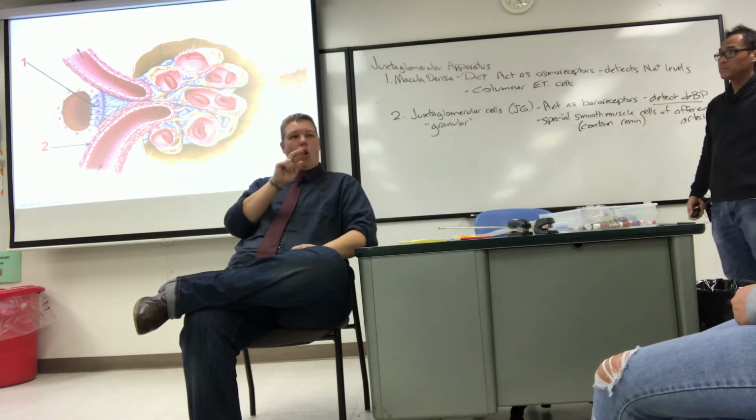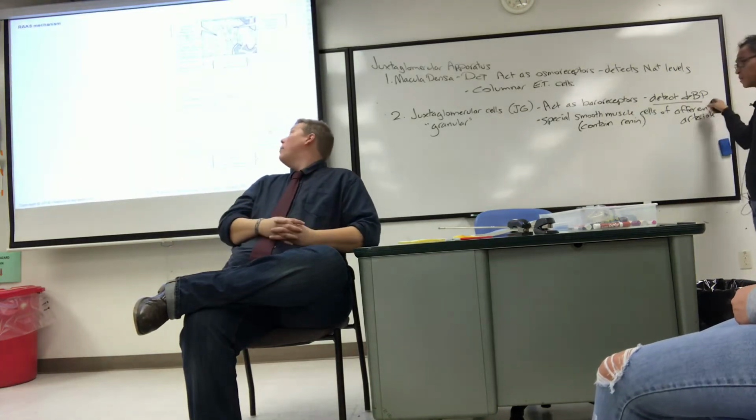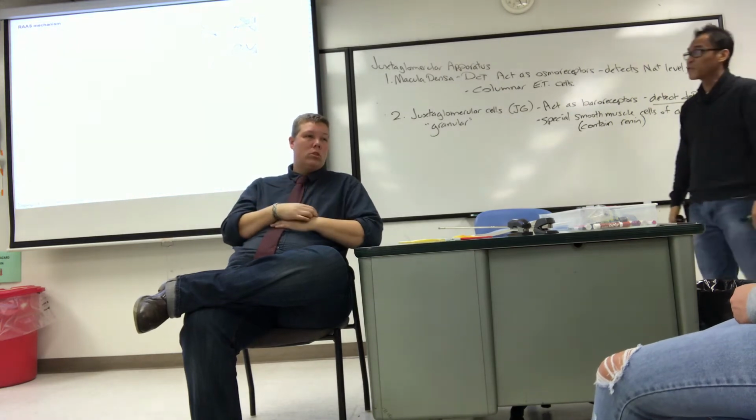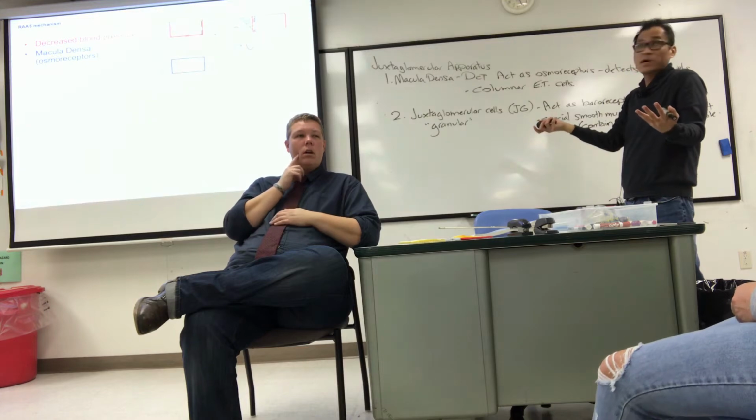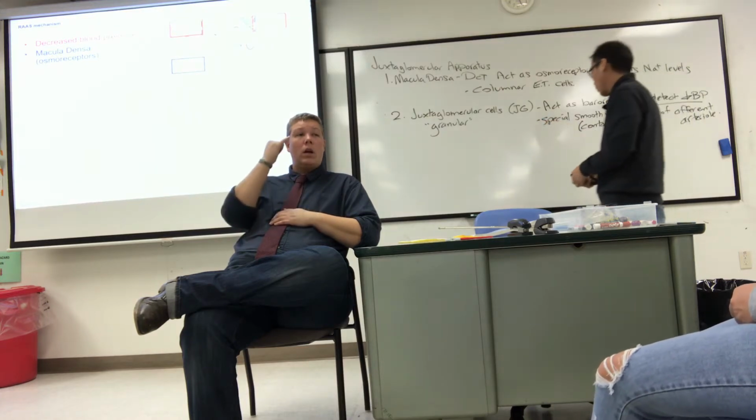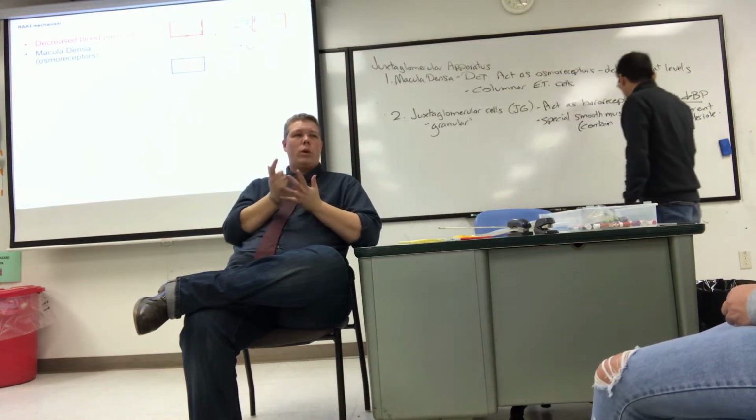Let's look at this example here, this drop in BP thing. This flow chart, I know it's hard to see, I kind of outlined it on the side there. Let's say you have a drop in blood pressure. Okay, let's go through this RAS mechanism again.